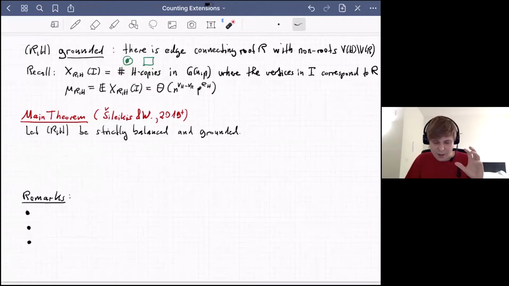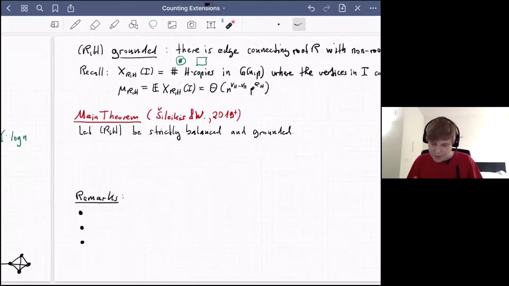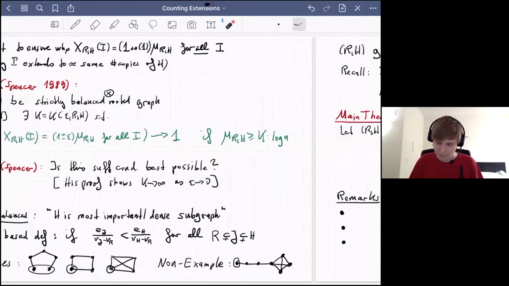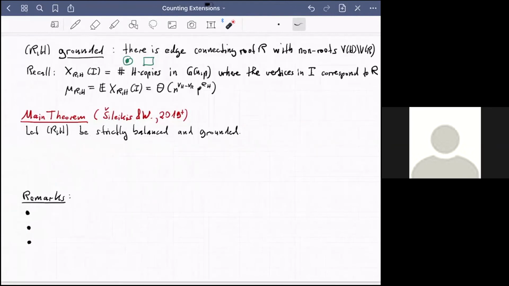So the total number of rooted copies of this type is approximately equal just to the total number of C4s in our random graph. We can handle that, but in this ungrounded case you do not need this logarithmic factor. That's why I need to exclude it from our theorem. Ungrounded means that you just count copies that do not meet the vertices that are roots.